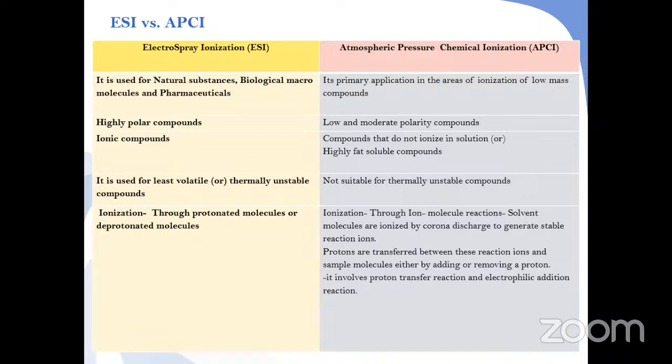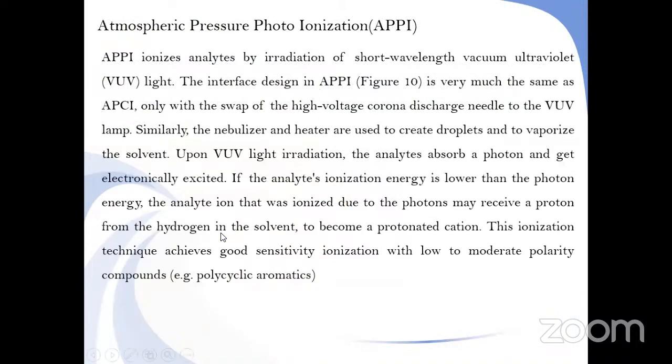The analyte ion ionized by the photon may receive a proton from the hydrogen in the solvent, forming protonated cations. This ionization technique is very sensitive, for low or moderate polarity compounds. We just discussed that moderately polar compounds are done with the APCI method and also the APPI method.